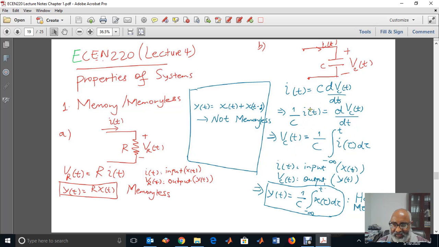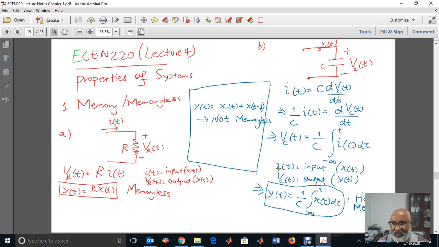If we rearrange this, the voltage at time t, V_c(t), is equal to 1 over C times the integration from minus infinity to t of i(tau) d tau. We have another variable, tau, because we are integrating from minus infinity to t, so t is in the limit. That's why the integration variable is tau.